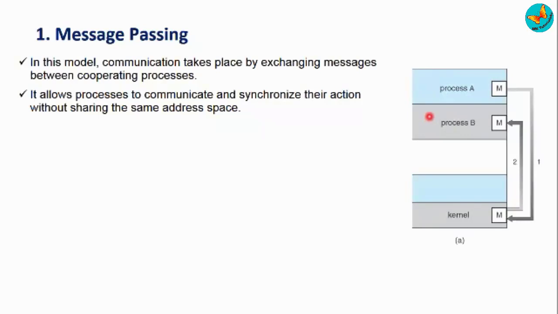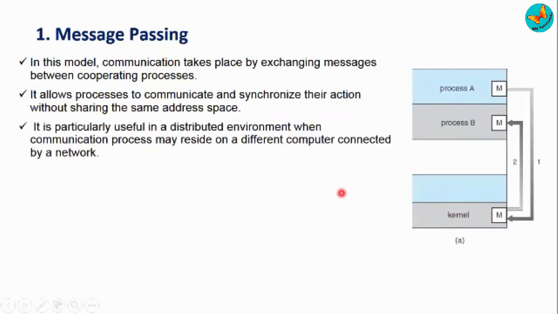So this message passing model is particularly useful for this distributed environment, because if the computers were located at one place only, they could share the same address space. But here it is not required, isn't it? Hence this message passing model is useful in distributed environments.